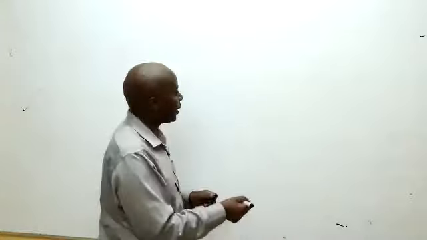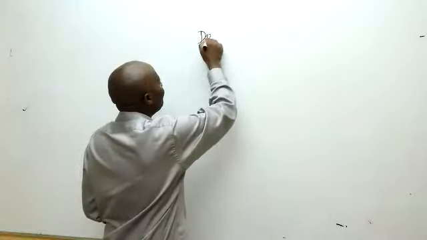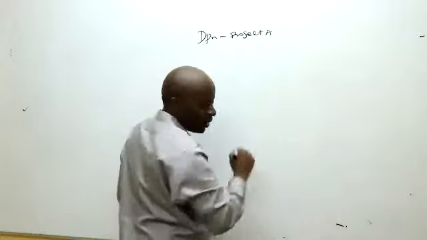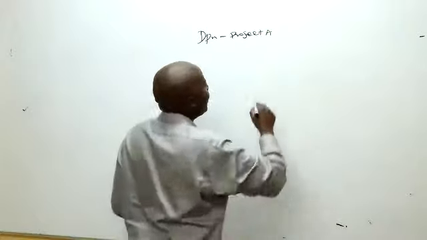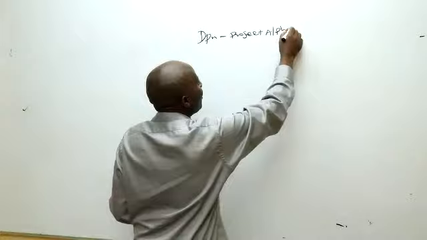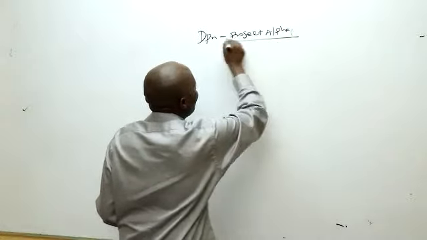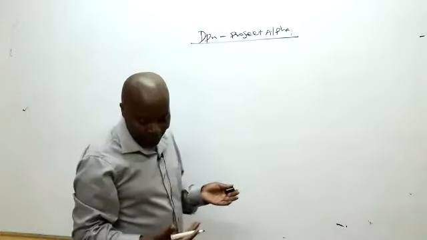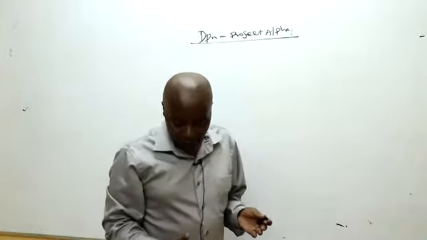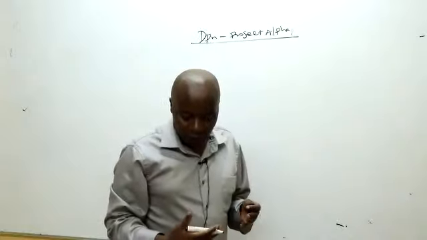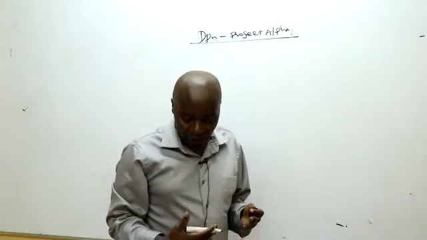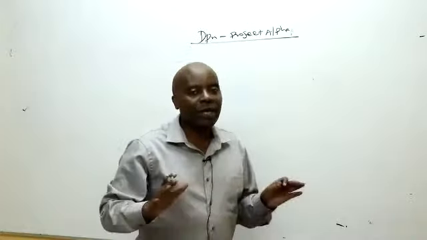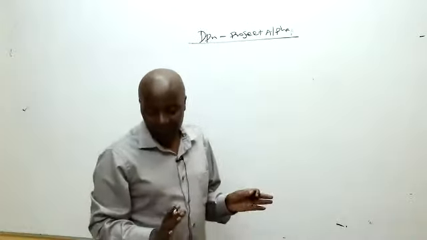So go to project alpha depreciation. They have told me to use straight line method. And of course, if they are quiet, we always prefer straight line method to any other method in finance.